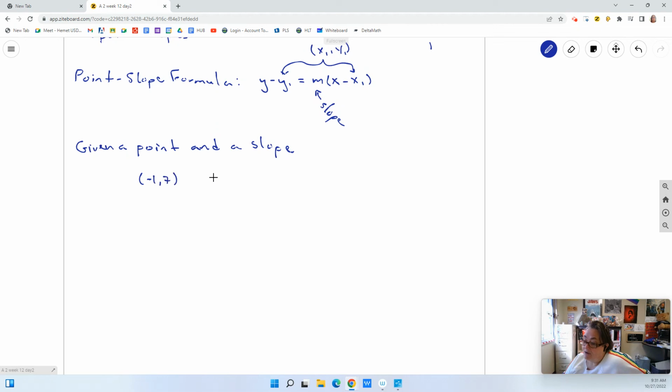And then I also have a slope, my m equals negative 4, right? So I have a point and I have a slope.